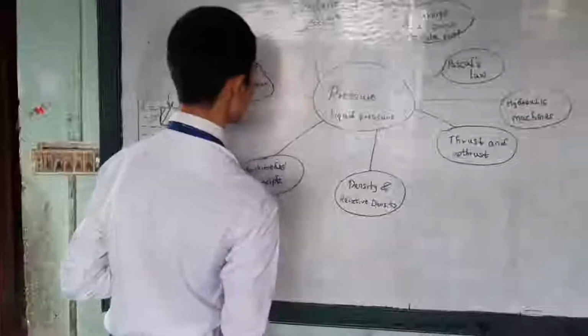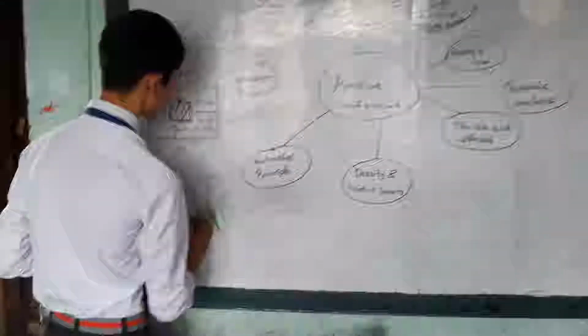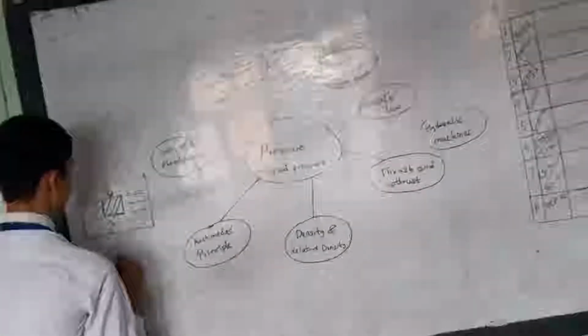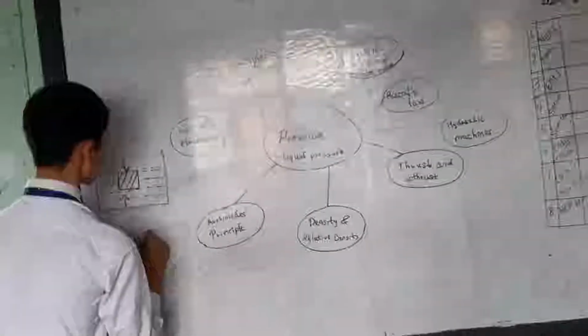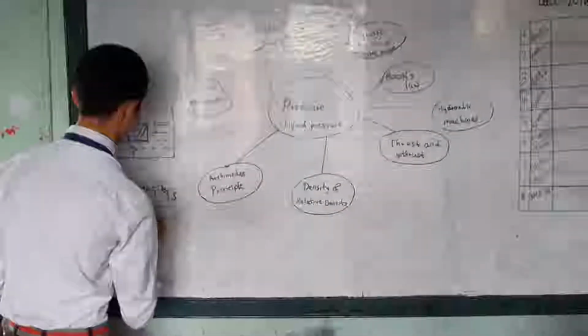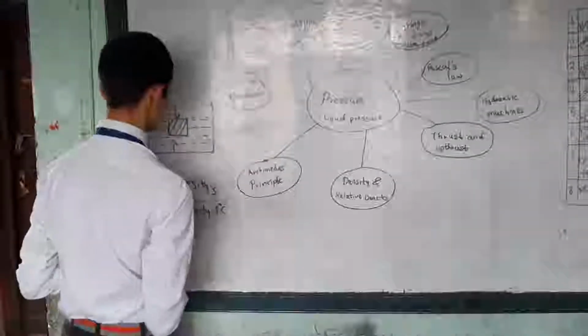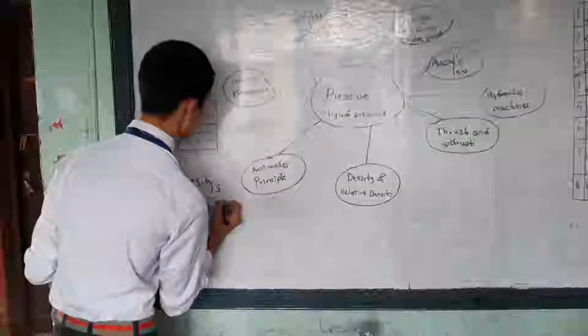Now, relative density. Relative density can be defined as the ratio of the density of any substance to the density of water at 4 degrees centigrade. It is also known as specific gravity.